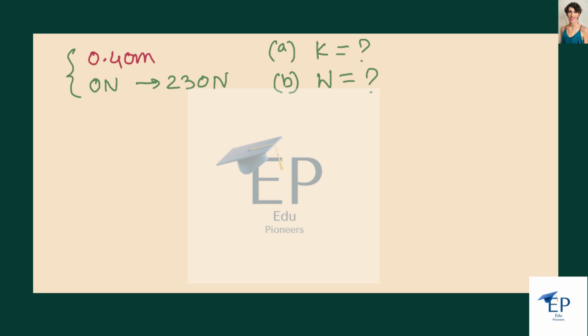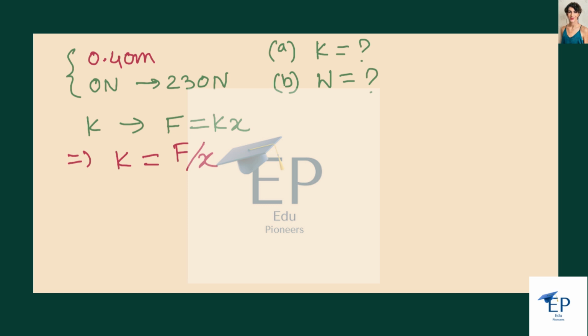So the spring constant K is related to the force by this equation, F equal to Kx, right? Now to calculate K, let me solve this for K. So we can write K is equal to F over x. So for x equal to 0.4 meter, the force is 230 Newton.